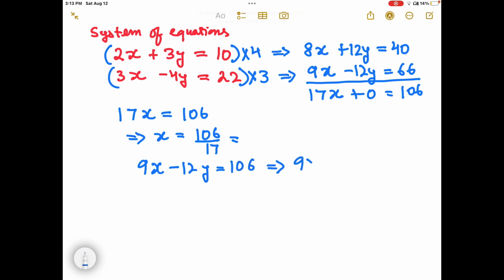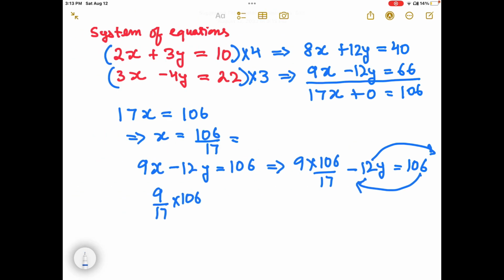So 9 times 106 divided by 17 minus 12y is equal to 66. We keep 9 by 17 times 106 like that, and we change the places. When we change the places, we change the signs. Minus 66 is equal to 12y.